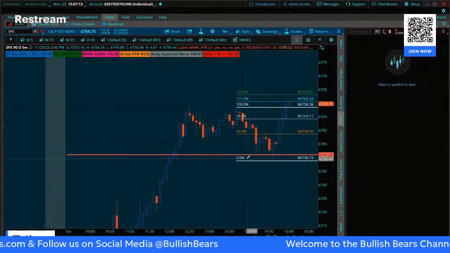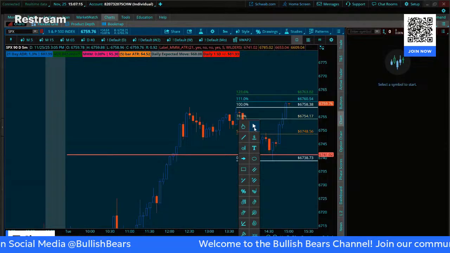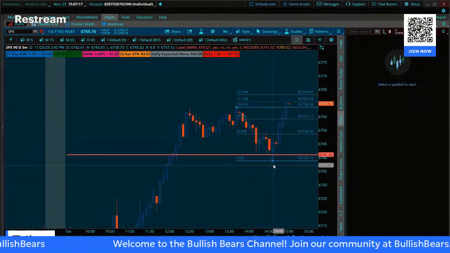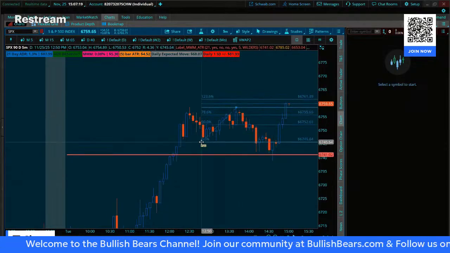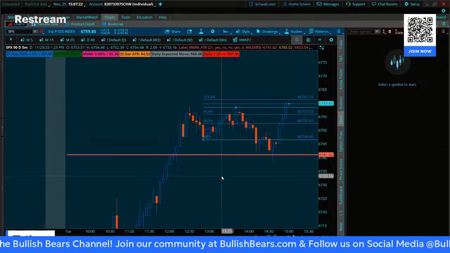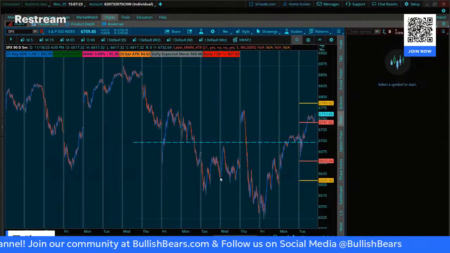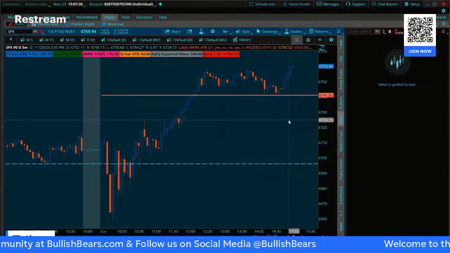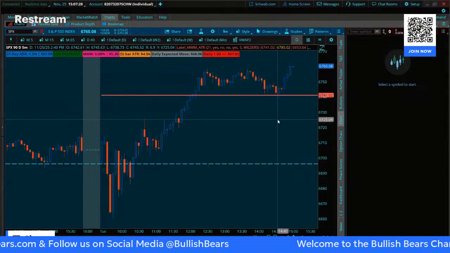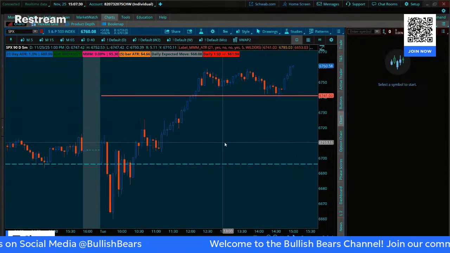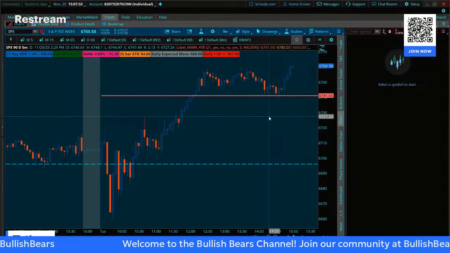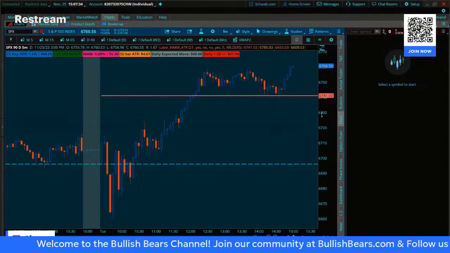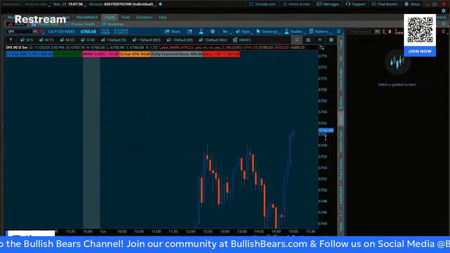But these little micro ranges will get you in a lot of trouble if you try them too much, right? Every once in a while, especially if it's a really good setup, why not? But I rarely try that sort of tightness, especially if I'm going to run the mid on those.